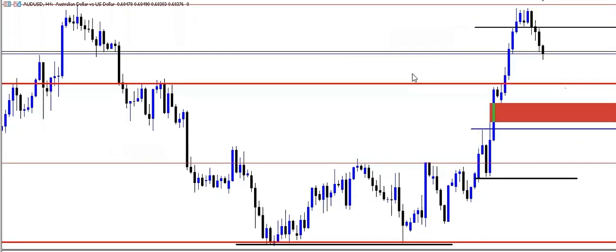Then if price will continue with the H4 structure, this zone here will be our last swing low, because I do not see this as a low.